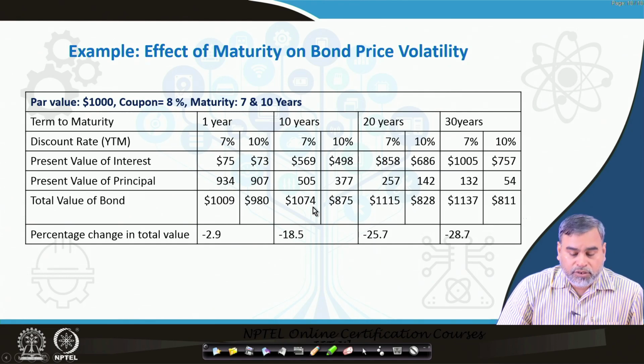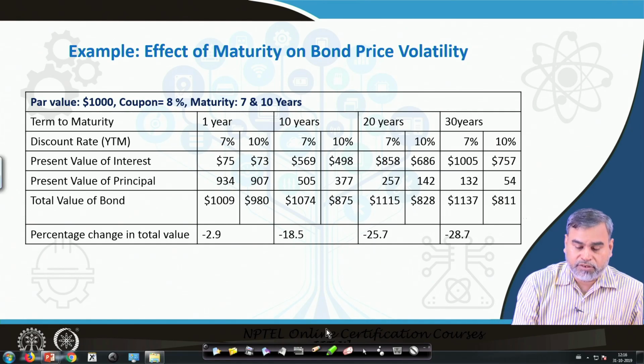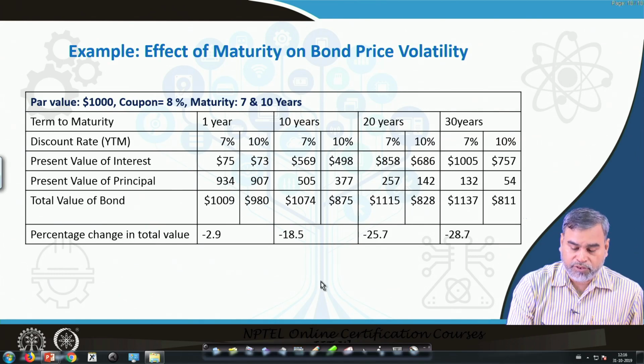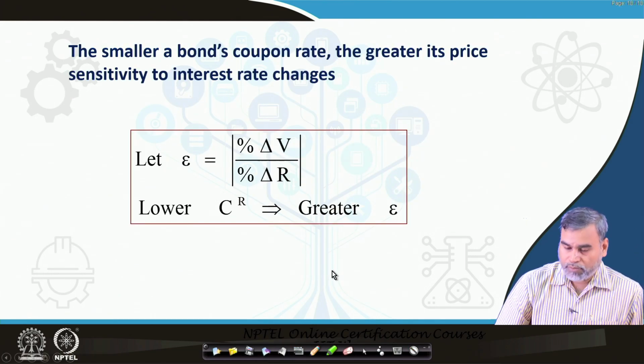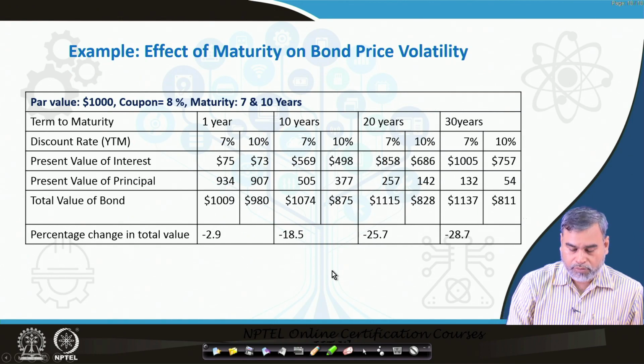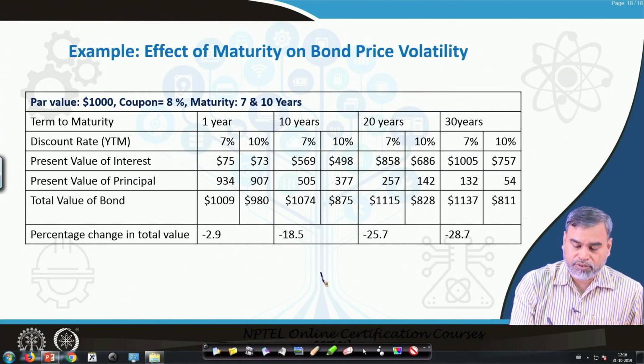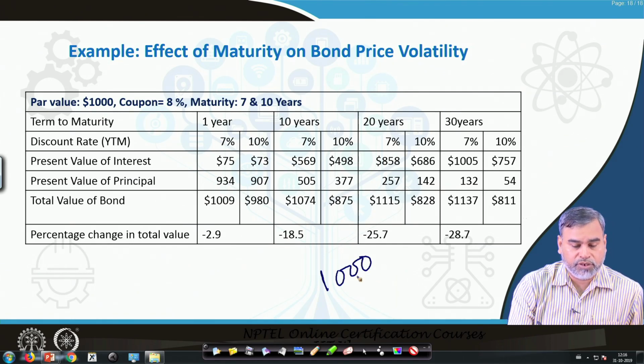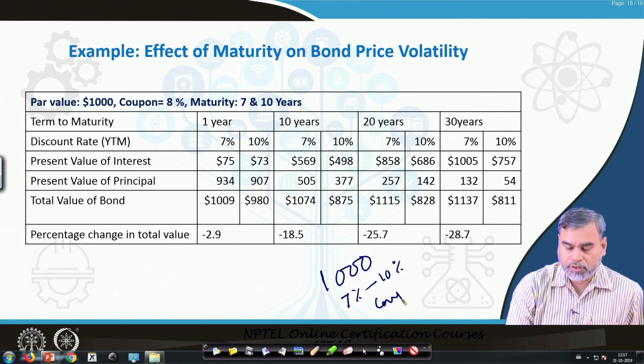Here, the data is: your par value is 1000, the discount rate we are changing from 7% to 10%, and the coupon is 8%.